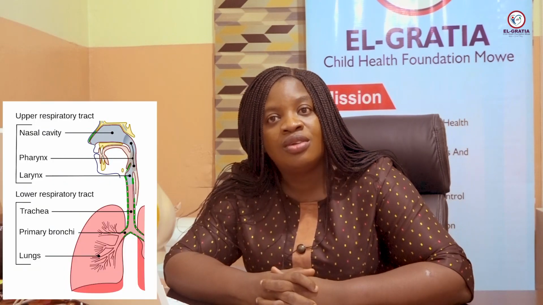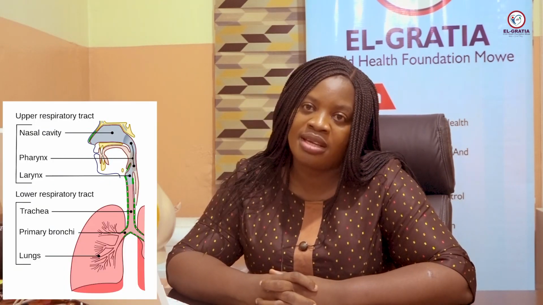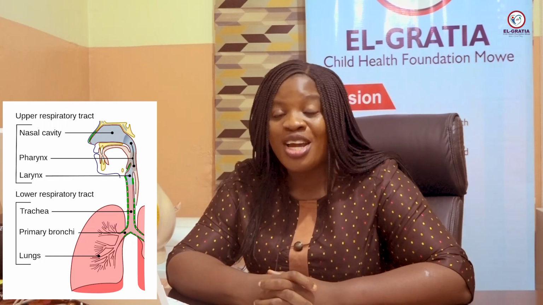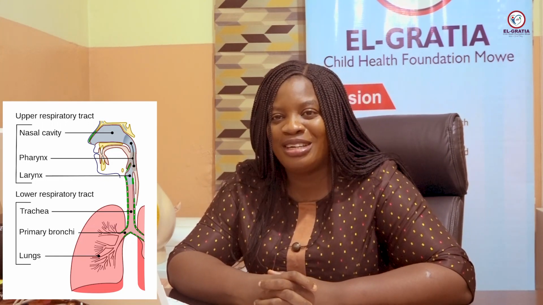To start with, let's look at a bit of anatomy. The respiratory system, or the respiratory tract, is divided into two portions. The upper respiratory tract starts with the external nares to the bifurcation of the trachea. Don't let me bore you with a lot of anatomy.